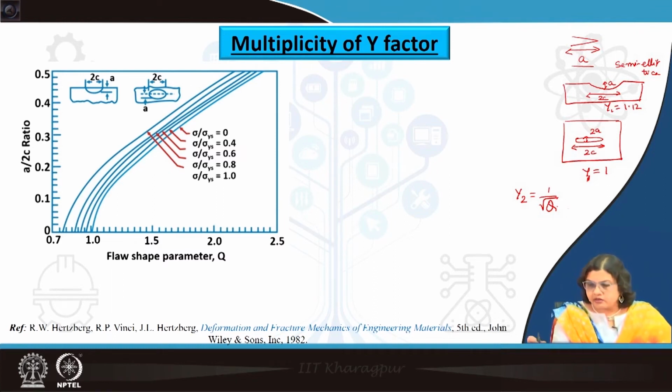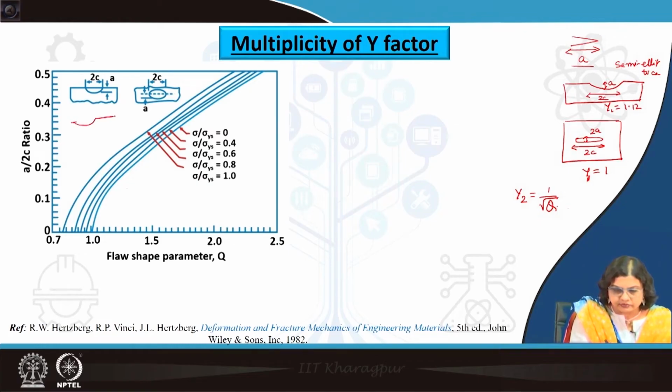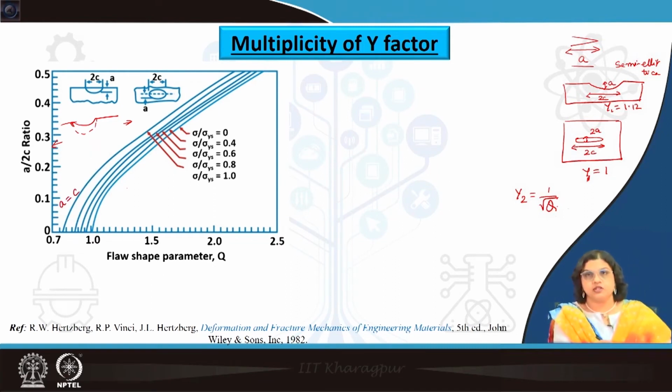Okay. So, let me draw it here itself. So, if we have a configuration like this, let us say this is the thing, and we are applying stress in this direction, it will try to form a circular shape. That means a equals c, which obviously means the major axis and the minor axis are the same.